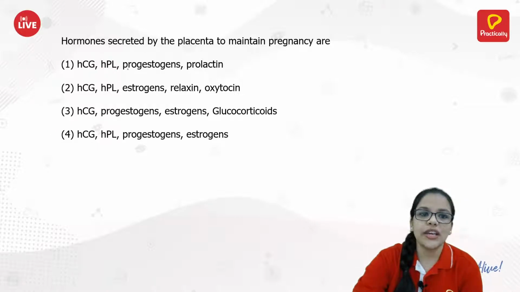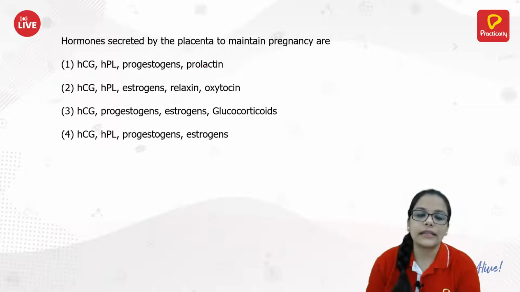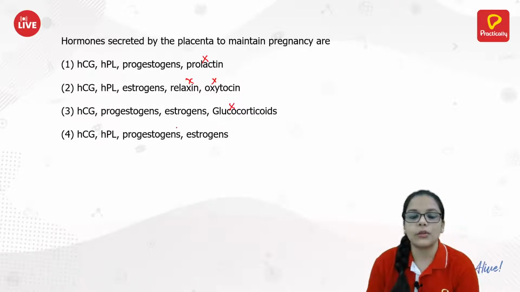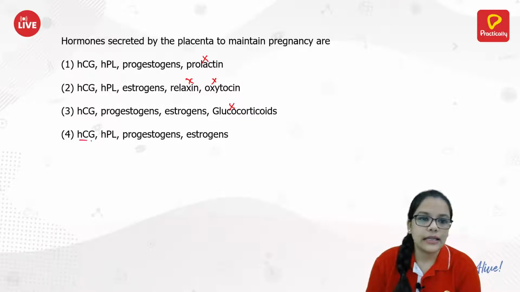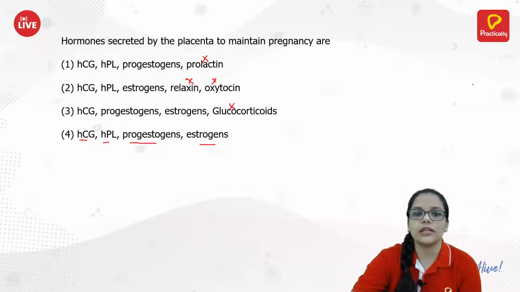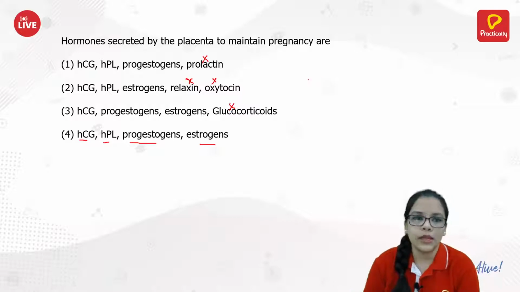Prolactin is not required to maintain pregnancy. Relaxin and oxytocin are also not required. Glucocorticoids are also not required. So the option is HCG, HPL, progestogens, and estrogens. Just write a little bit about what we know.